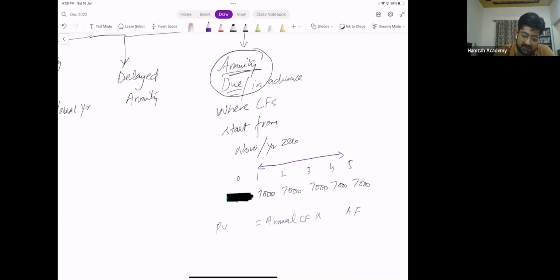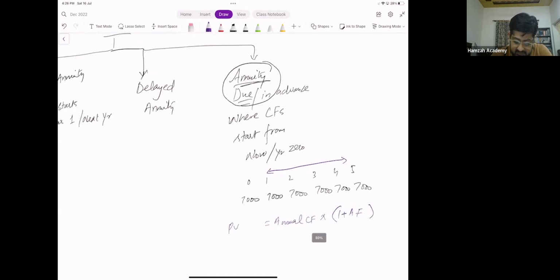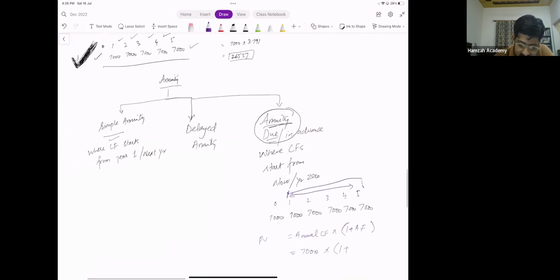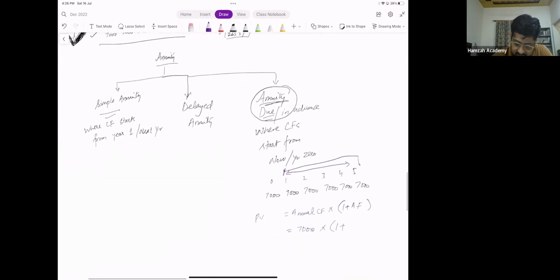But there is year 0 as well. For year 0, discount factor is 1. So for year 1, 1 plus annuity factor. So 7,000 into 1 plus annuity factor. For 5 years, we have already derived 3.791.